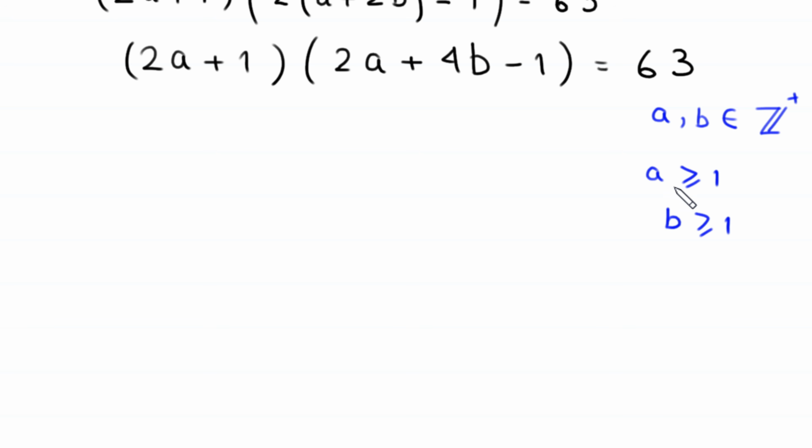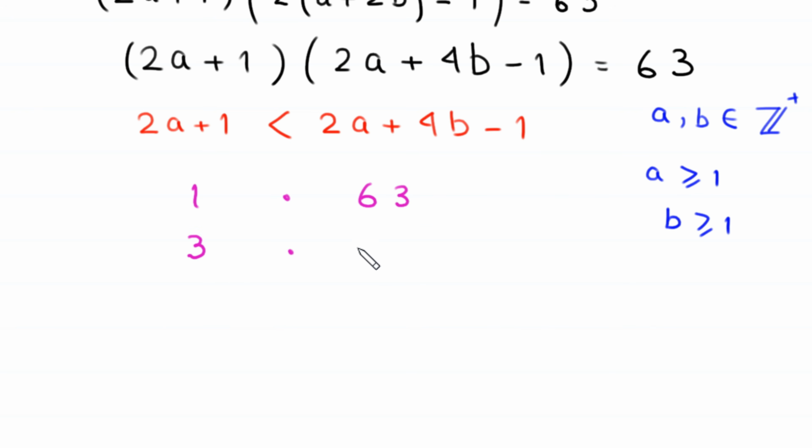Then the expression 2a plus 1 is smaller than the expression 2a plus 4b minus 1. So 63 can be factorized as 1 times 63, 3 times 21, and 7 times 9. So we have 3 factor pairs.